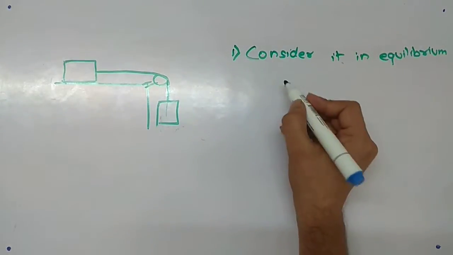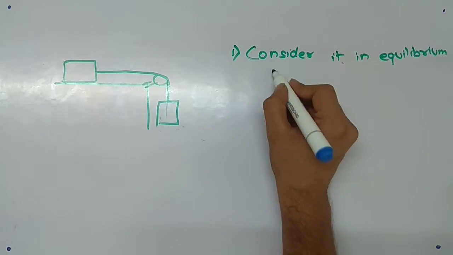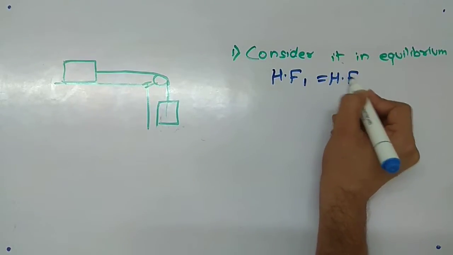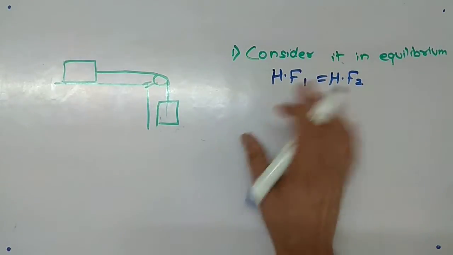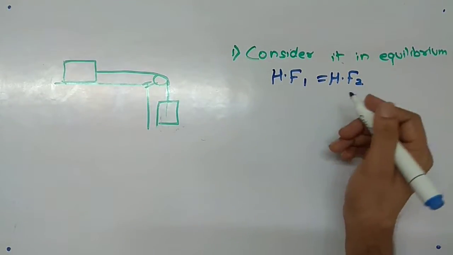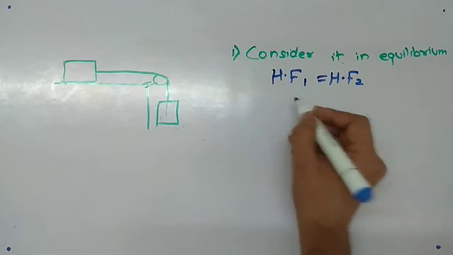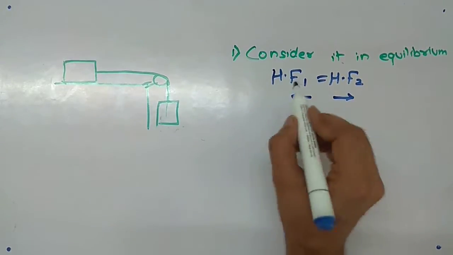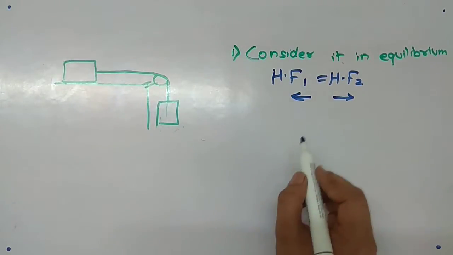So for equilibrium, always remember that all horizontal forces should be equal. The horizontal forces should be equal. In layman terms, we can say the forces acting in opposite directions in the horizontal position only.